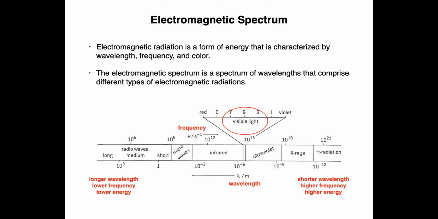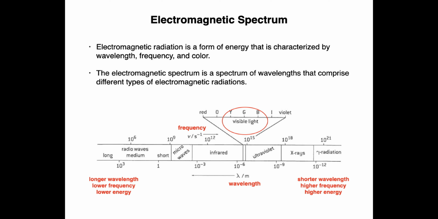Electromagnetic spectrum. Electromagnetic radiation is a form of energy that is characterized by wavelength, frequency, and color. These waves possess a wide range of wavelengths, ranging from low to high energy waves. The electromagnetic spectrum is a spectrum of wavelengths that comprise different types of electromagnetic radiations.